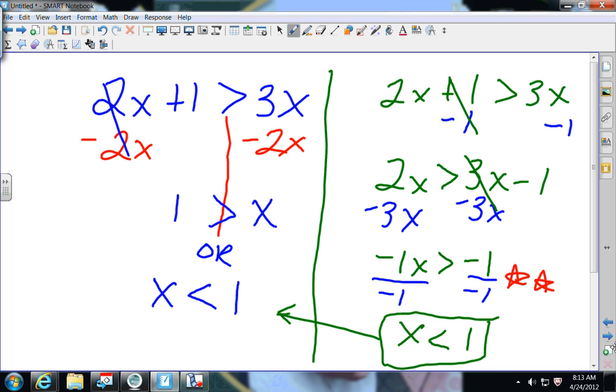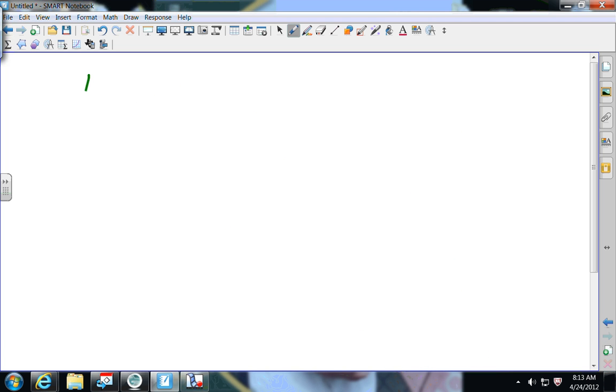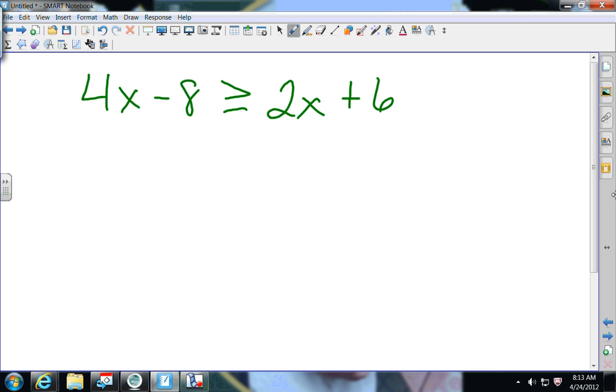Let's see here. Let's look at 4x minus 8 greater than or equal to 2x plus 6. Well, let's solve this one. Draw my dotted line. You don't have to do that. I only do that to make sure I know where I need to do the opposite, moving them across. I will move this 2x.